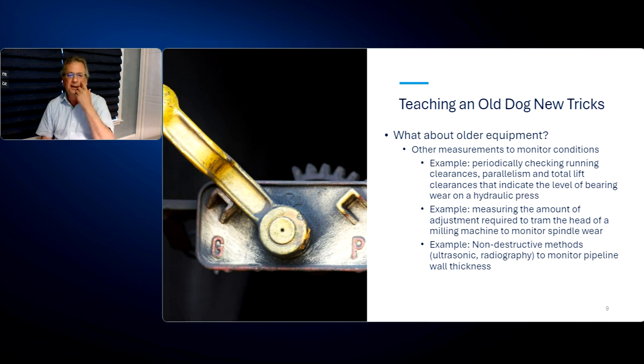More recently, I worked with a petrochemical company, and they by regulation have to check pipelines. They have to check pipelines to see where they're starting to wear thin and could perhaps have a rupture. Before, they would have to cut out the insulation around the pipeline.